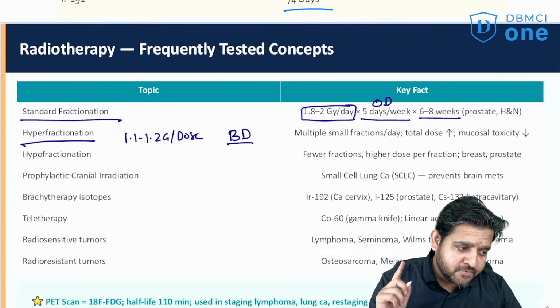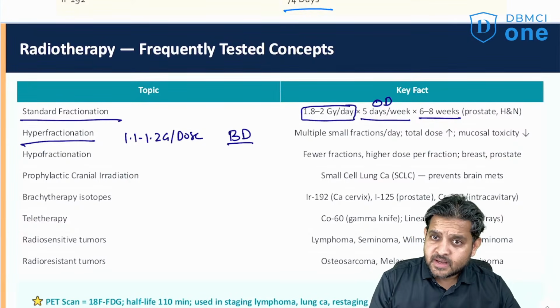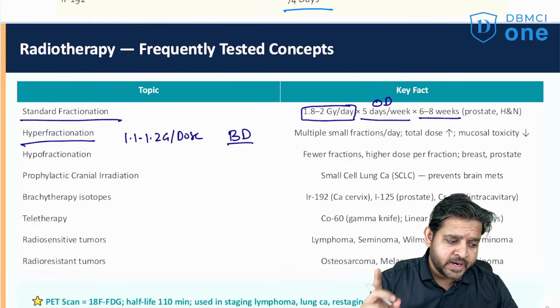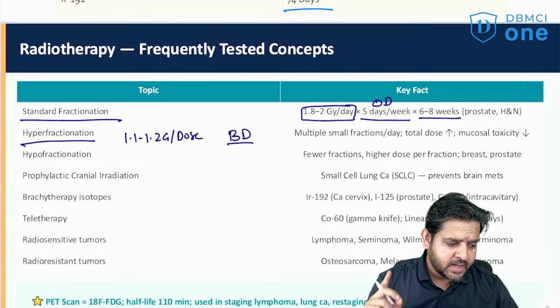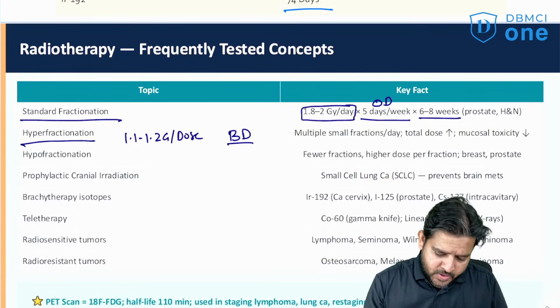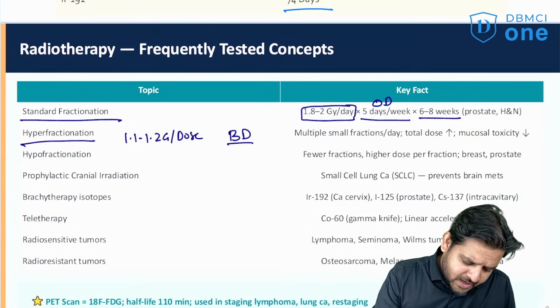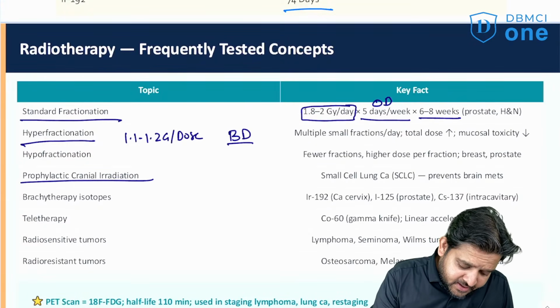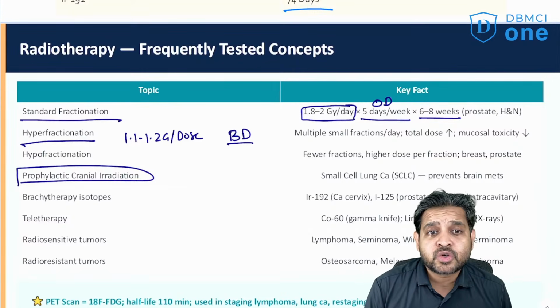BD, 5 days in a week, for 6 to 8 weeks, right? So that is what I have to remember. Okay. Now, hypofractionation is not important. Prophylactic cranial radiation is something that I want you to remember.